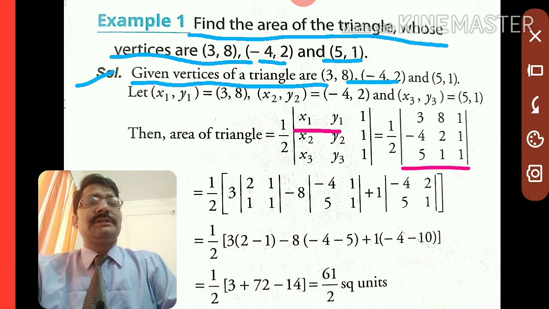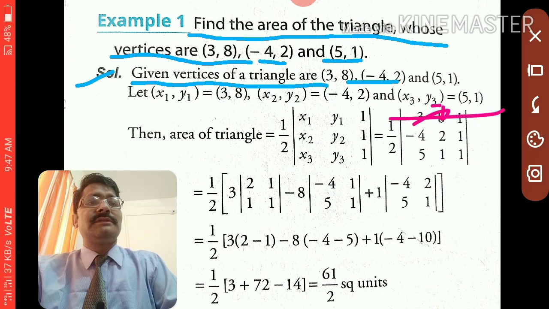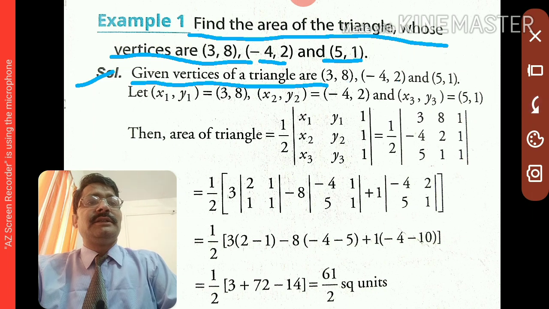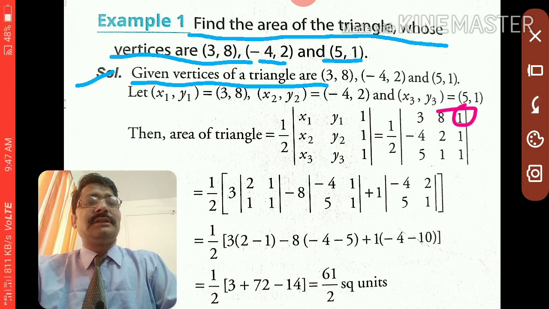You write 3 first, and you do not take its row and column; the remaining elements you write here. Then you write minus 8, and the first row and second column you do not take, the remaining elements you write. Then you write 1, and the first row and third column you do not take.